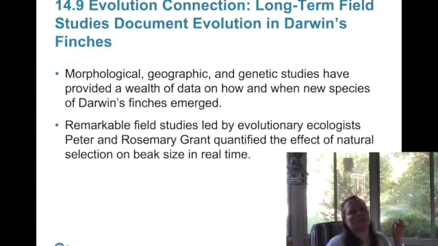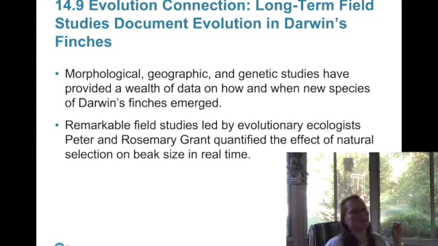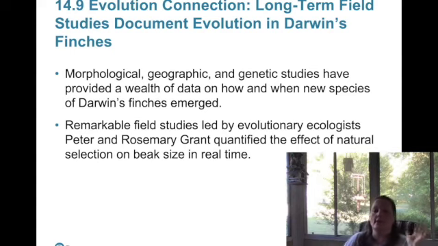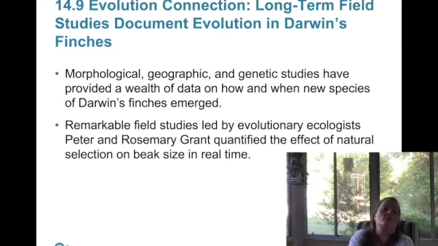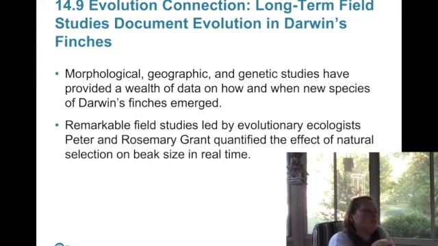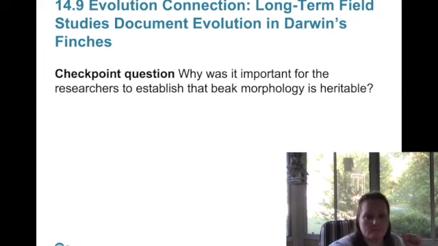Okay, morphological, geographic, and genetic studies have provided a wealth of data on how and when new species of Darwin's finches emerged. So they've been looking and trying to read about this, and again, they're going through it to look at the effect of the natural selection on the beak size in real time. So pretty much these are people who are going, oh my gosh, he's right, but when did this happen?